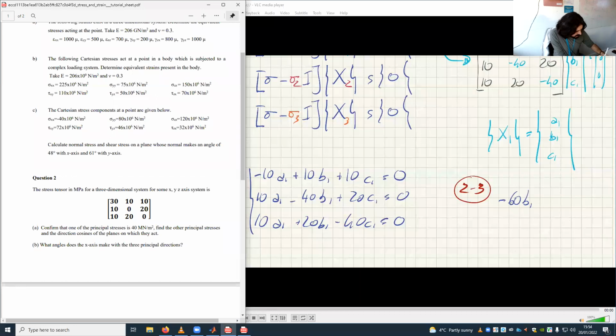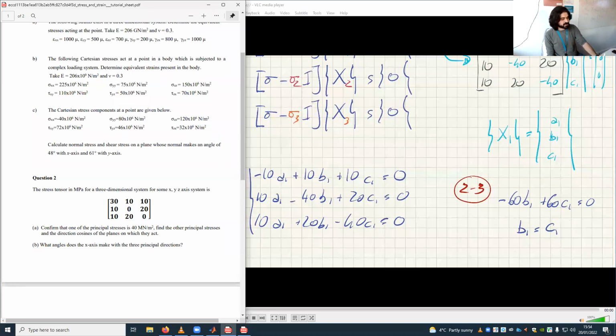This minus this is plus 60 C1 equal 0. And that means that B1 equals C1. Okay? So I know that whatever I put into the spot B1 must also go into the spot C1. On this vector here, these 2 numbers are the same.